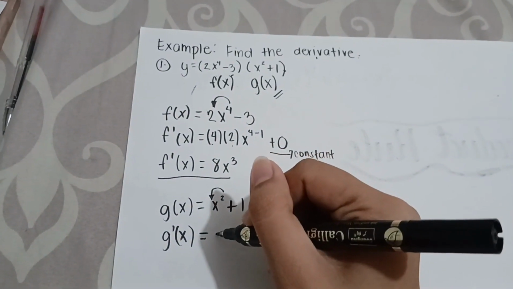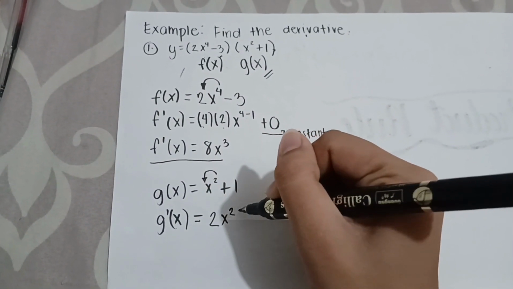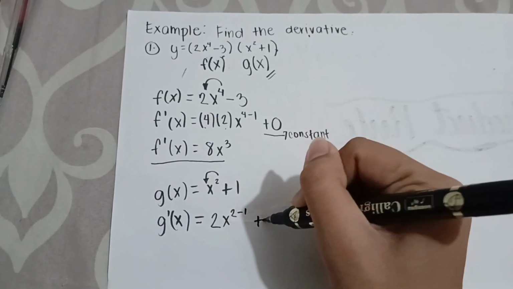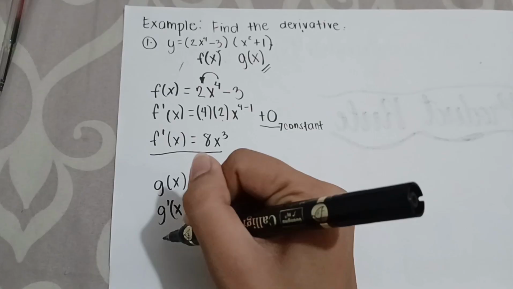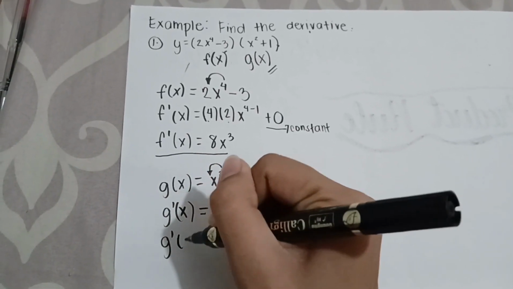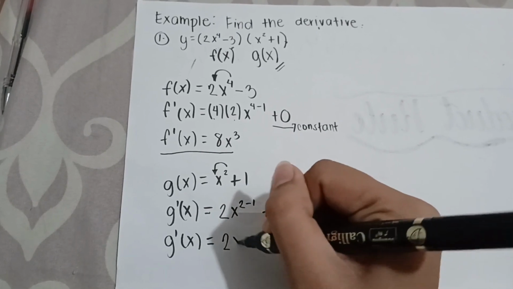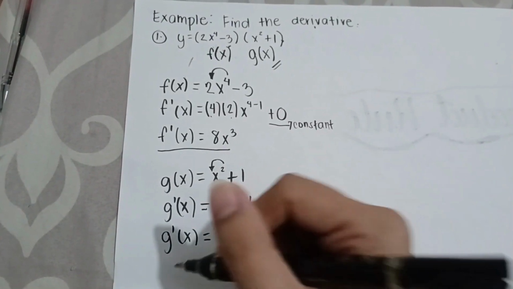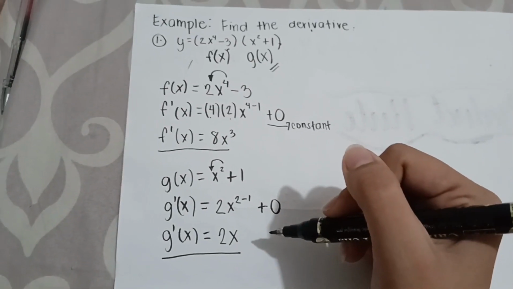We have 2x to the power of 2 minus 1, and the 1 is the same because it's a constant. So our g prime of x is equal to 2x.